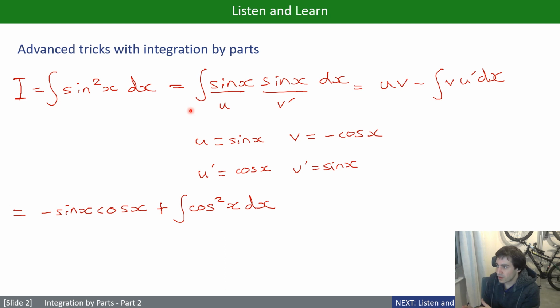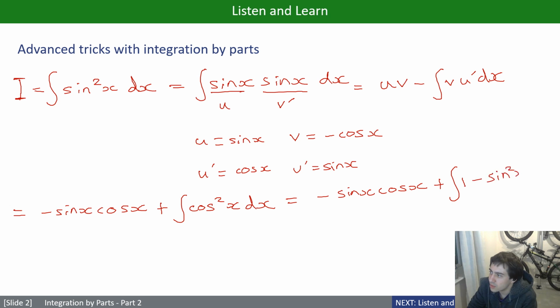But cos squared can be rewritten in terms of sine squared. So let's just try that out and see what happens. The stuff at the beginning stays the same, minus sine x cos x, plus the integral of cos squared x, but I'm going to change it first. So now it's 1 minus sine squared, because we know that cos squared is the same as 1 minus sine squared.